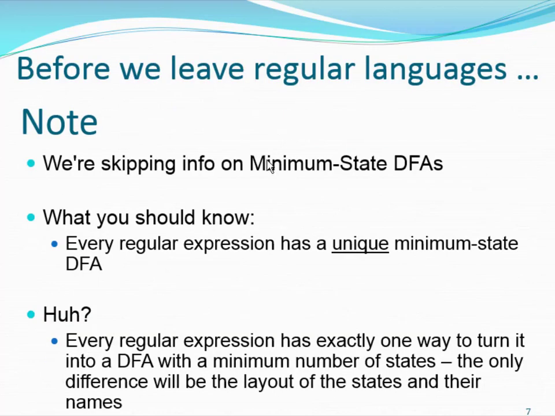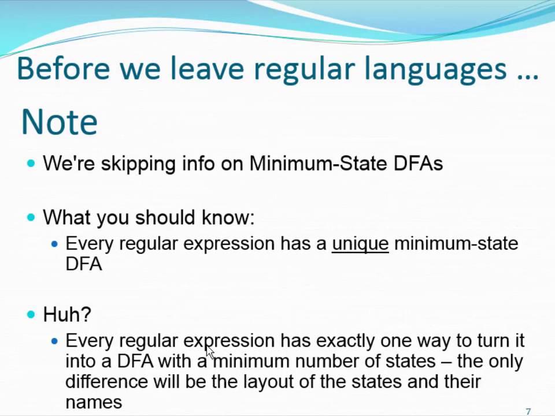The other thing we're going to skip is a section on minimum state DFAs. What you need to know is that if you have a regular language, there is some minimum number of states you need to represent it with a DFA.